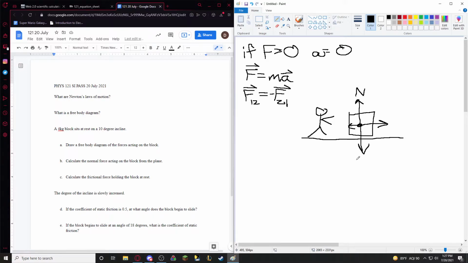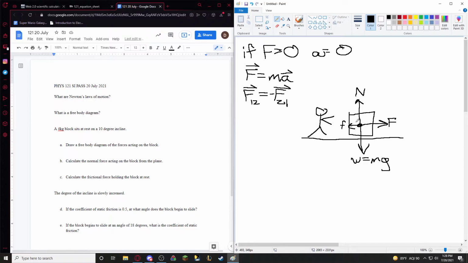So we have the normal force, and the weight, which is equal to mass times gravity. We have our push force, we'll call it F, and our frictional force, we'll call it small f. Using these free body diagrams, we can understand the total net force acting on the object at any point. If we know the net force and direction, we'll know how the object is going to accelerate.